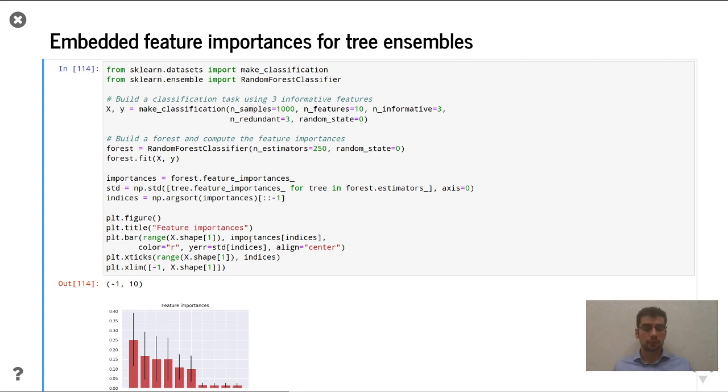This is a good example of why it's not clear. So actually we have only 3 informative features, but we also have 3 additional features which are correlated, and it's not clear how to select only 3.